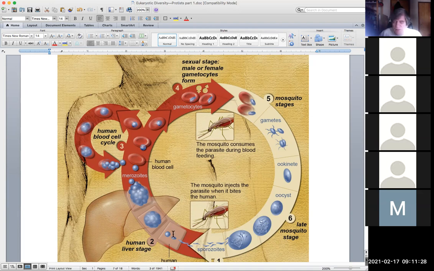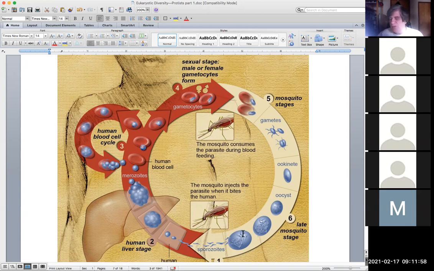But notice we have sporozoites, we have merozoites, we might have more merozoites, we have gametocytes, we have gametes, we have this ookinete, we have the oocyst, we have sporozoites again. So we have a lot of stages in the life cycle. Now notice that, like most parasites, and we'll talk about some more as we go through the semester, when Plasmodium is in the mosquito, it doesn't really hurt the mosquito.